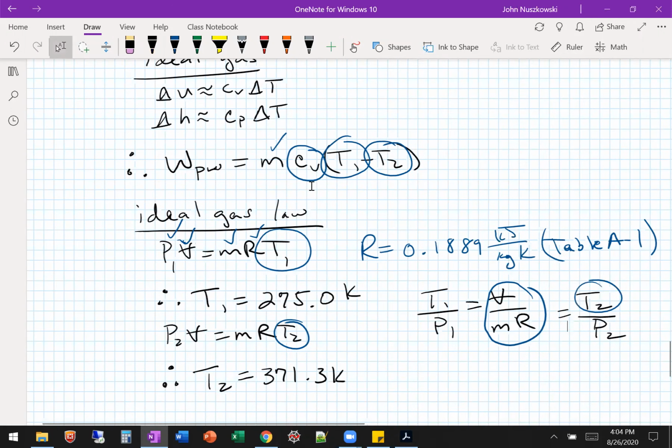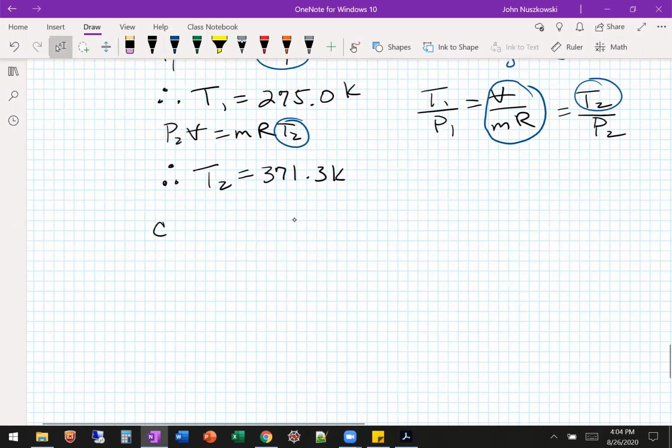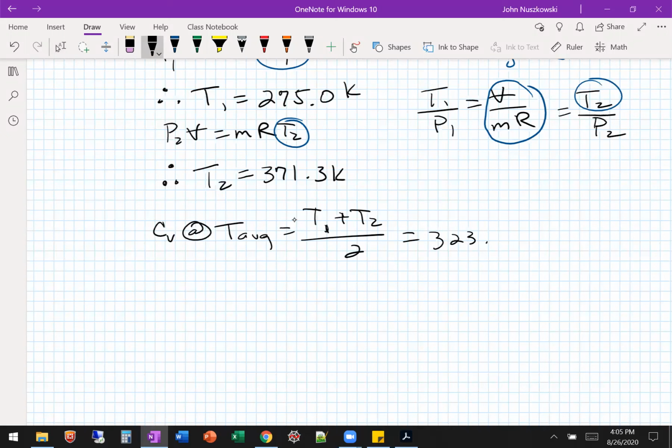All right, so now we have T1 and T2. We just need CV. CV is at the average temperature, T1 plus T2 divided by 2, which is 323.1. So we get 0.68.